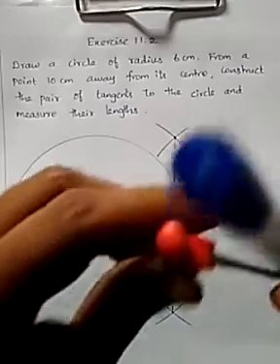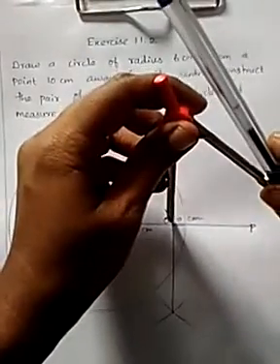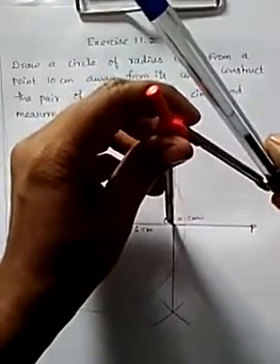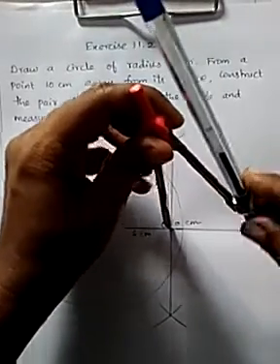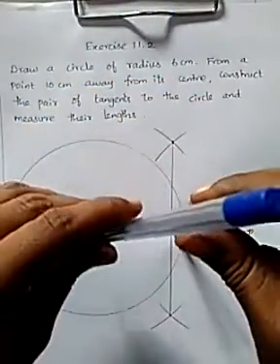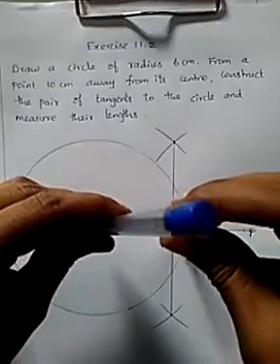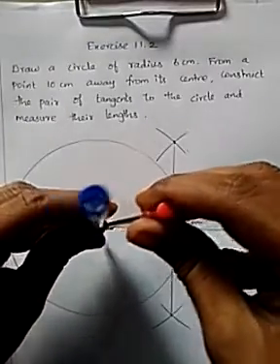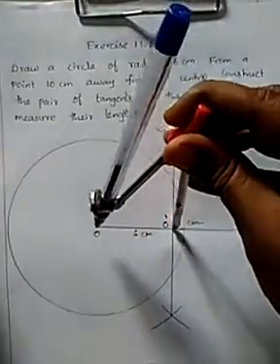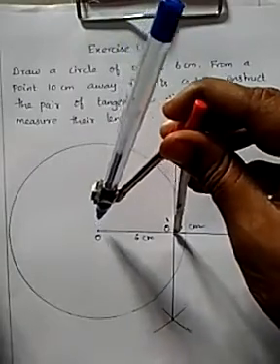Now you consider this O dash as a new center. Then take O dash O as the radius. You need not measure with the scale. You just measure by using the compass.